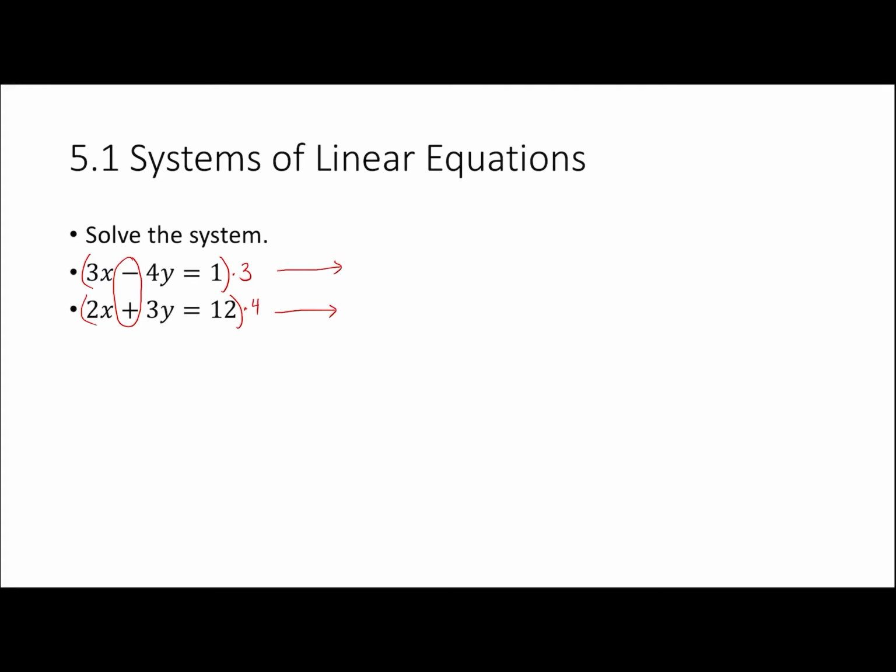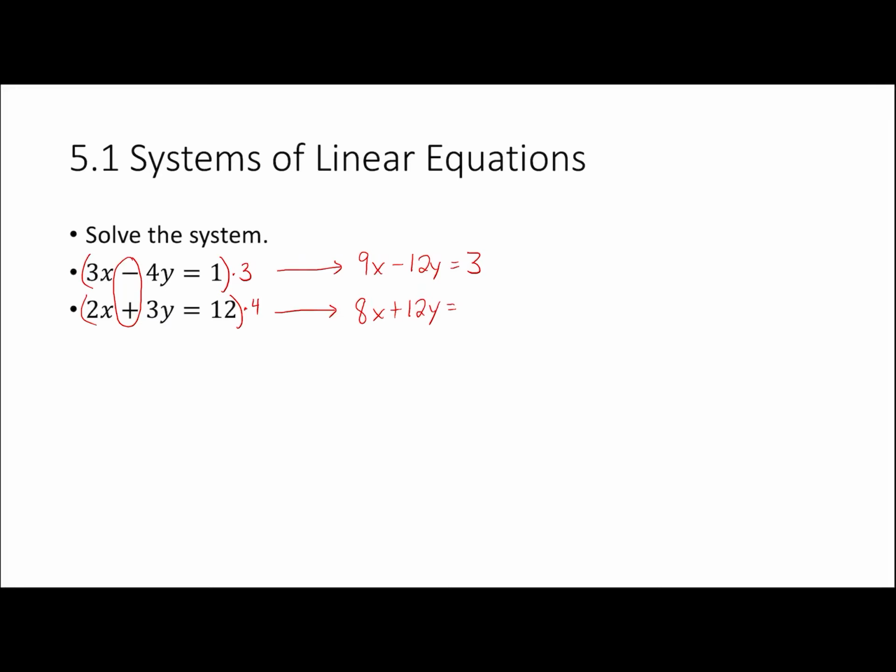So in the top equation, multiply by 3, we'll get 9x minus 12y equals 3. And then in the bottom equation, we're going to multiply by 4. And so we're going to have 8x plus 12y. Again, that's the purpose. We want to get 12y there.